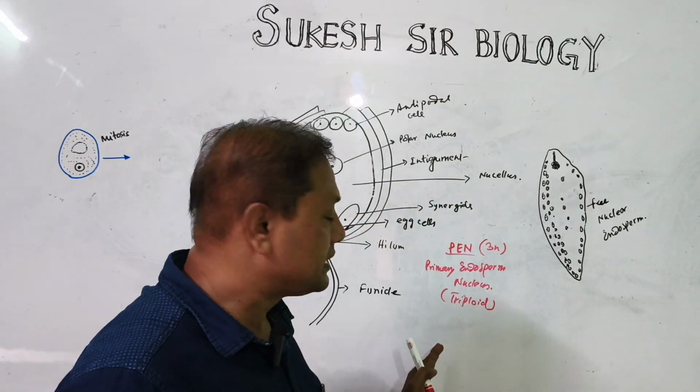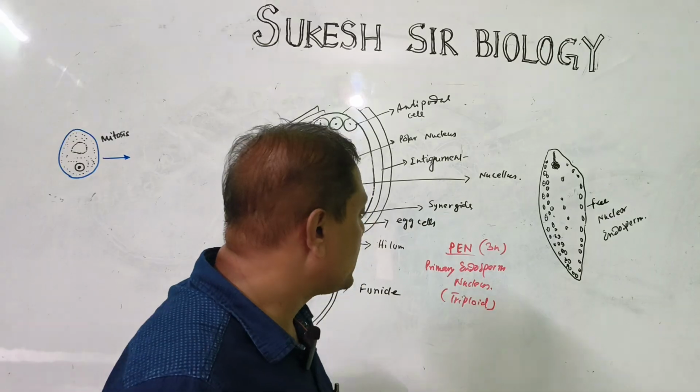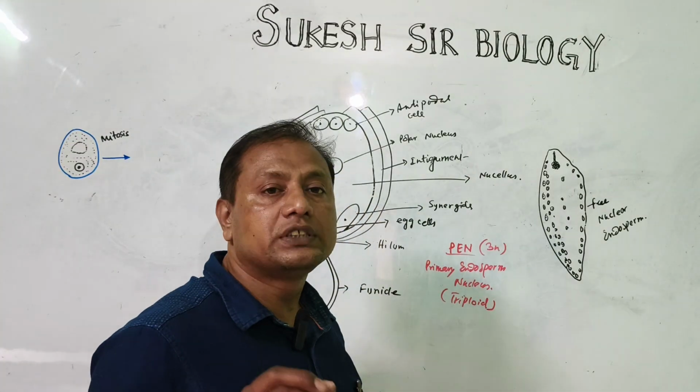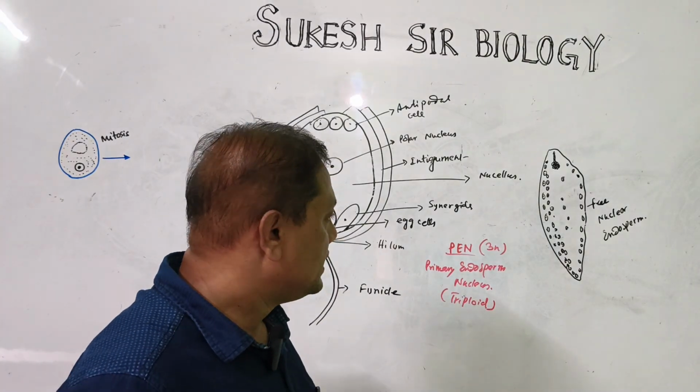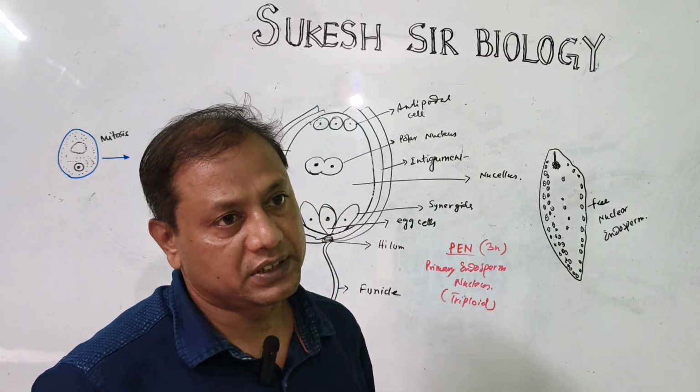If cytokinesis does not happen, the nuclei remain without a cell wall. This happens here. When we are talking about free nuclear endosperm, only nuclei are produced from the PEN, with no cell wall formation. It is called free nuclear endosperm formation.